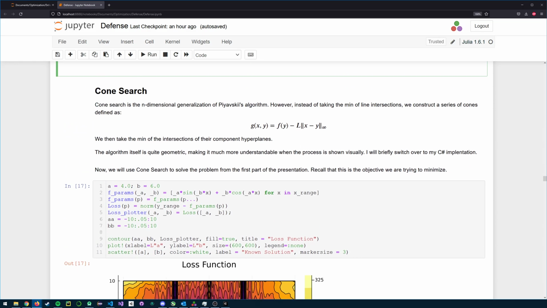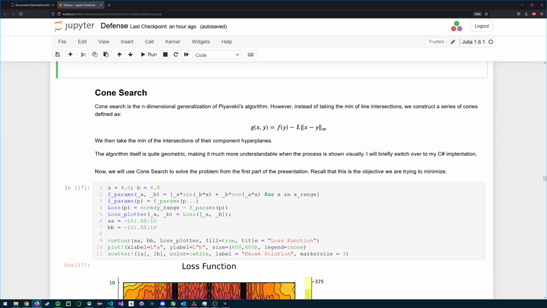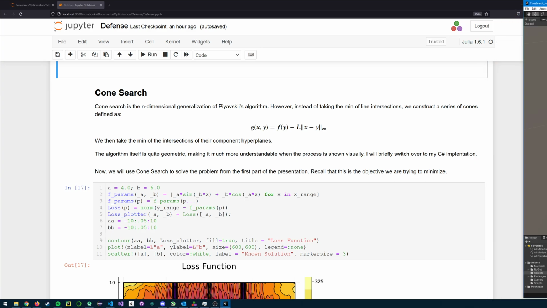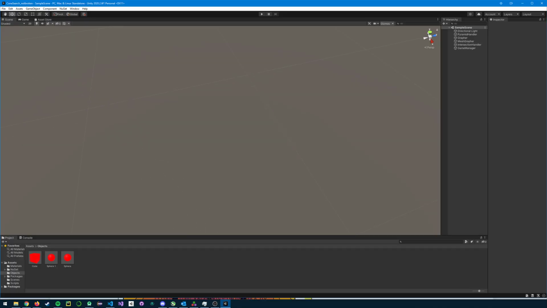So then to really make this more tangible, I've written an implementation of this in Unity, the game engine, to get a more visual approach. So I'm going to pull that up now. This was quite complicated to do, but let's just let it run here, and then we'll see what's going on after that.